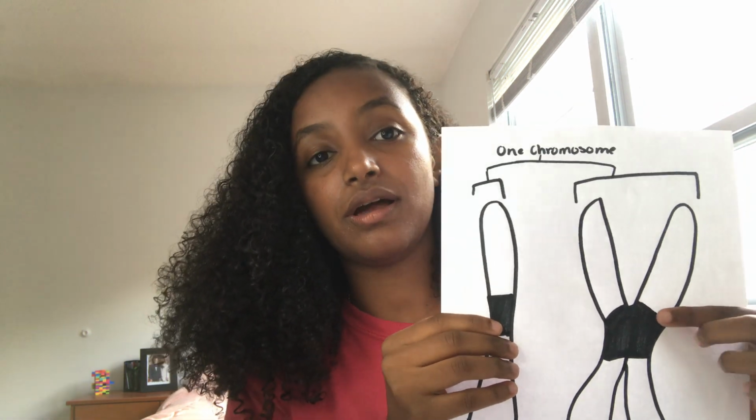Once a cell undergoes DNA replication, it's presented like this. These 2 chromatids are held together by cohesin, and once replication has occurred, mitosis has occurred, then they will result in this. And this is still called one chromosome, as well as this one, with the exception that this one consists of 2 sister chromatids. I hope that helps clarify any confusion.